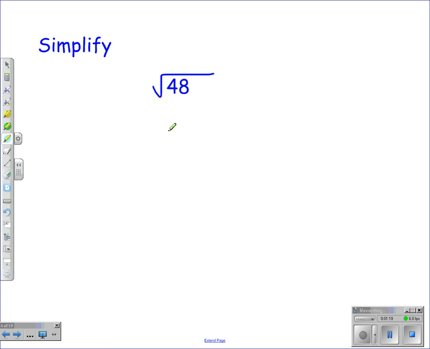Let's simplify the square root of 48. In order to start simplifying, you want to think about what factors of 48 there are, that one of them is a perfect square. I know that 16 times 3 gives me 48, and I know the square root of 16 is 4, so I can write the 4 down.